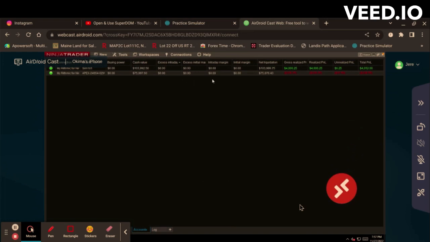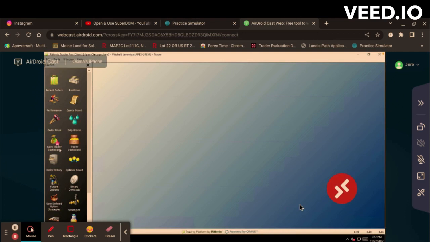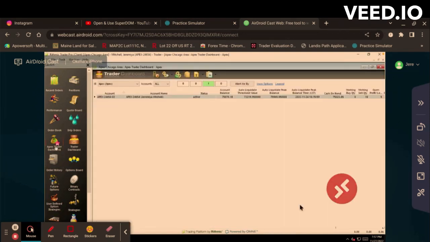Popping over to Rhythmic real quick, show y'all what's going on. Got my Apex account, status active. Y'all see that balance? It shows you my auto liquidate account, or my liquidation account balance. That's pretty much my threshold. That's what I can't go under. It's pretty simple.